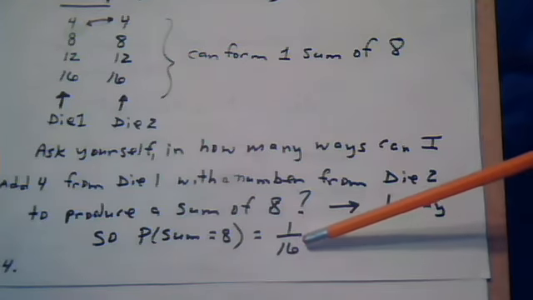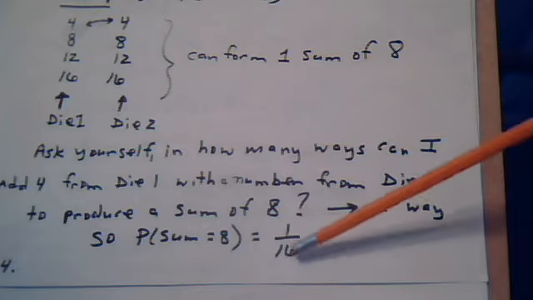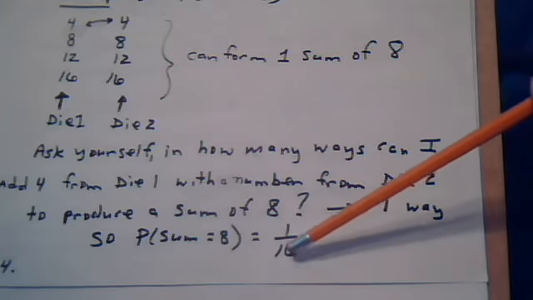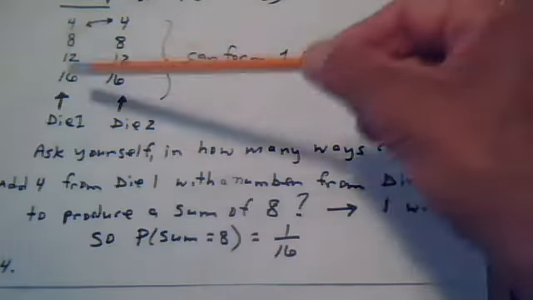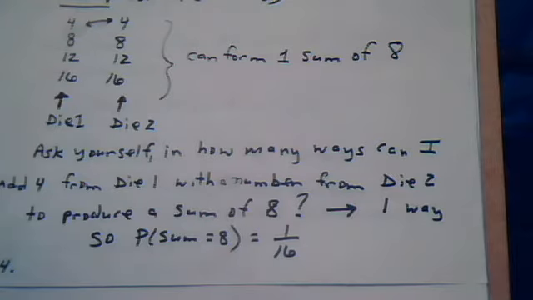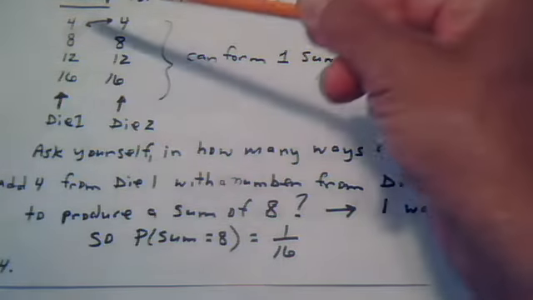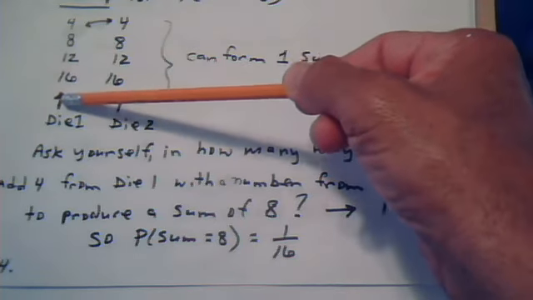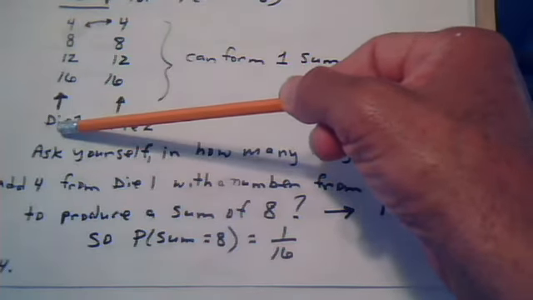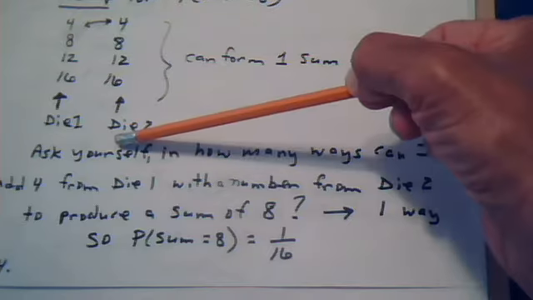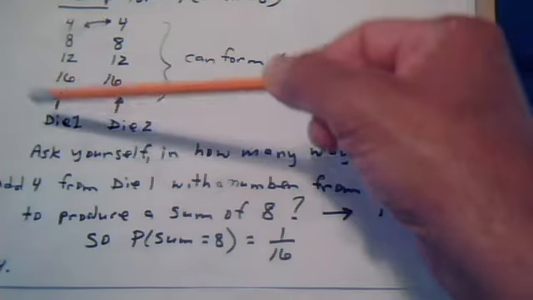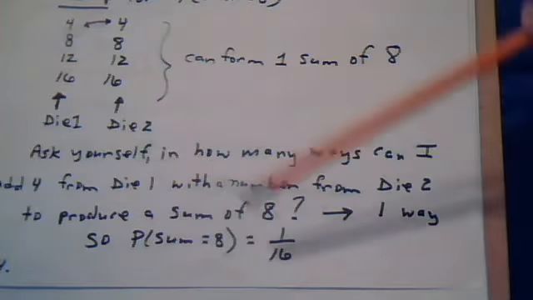Where did the 16 come from? Well, this one counts how many ways you could pair the numbers, all the different ways regardless of the sum. So you use the multiplication principle. There's 4 ways that this first die can come up. There are 4 ways this die could come up. So it's 4 times 4 gives you 16.